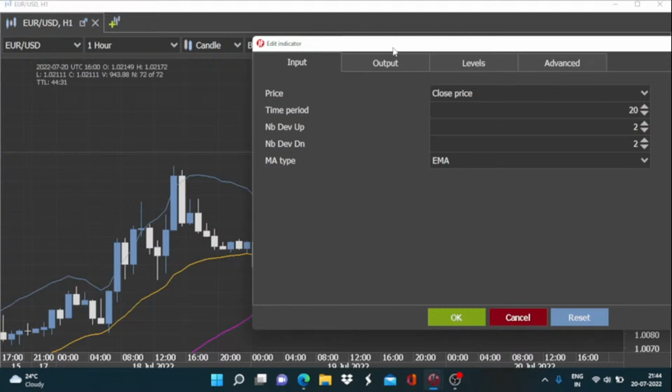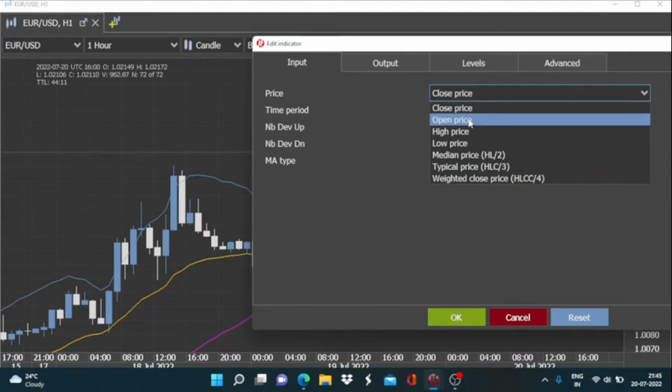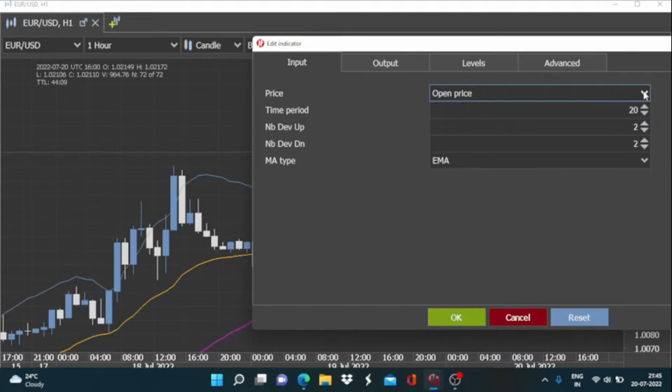And if we change this applied price to close price, open price, high price, low price, median price, typical price, weighted close price, all these options are there. Depending on that, you will have this setup changing, we have to try it out. We can go for the open price, high price.